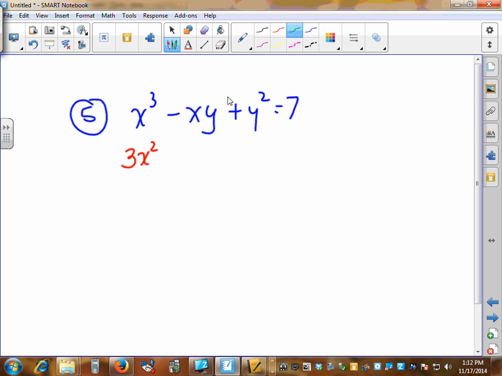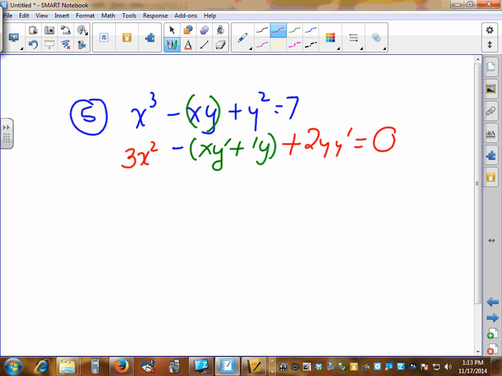You've got a product here, so you're going to need product rule, which is first times derivative of the second plus second times derivative of the first, plus 2y y prime equal to 0.